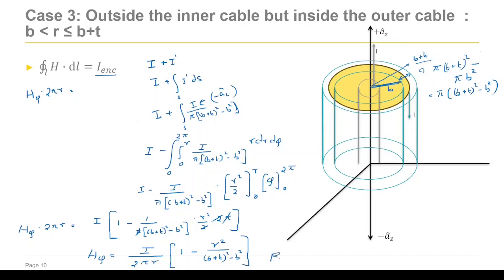Equivalently, B is going to be mu times I divided by 2 pi R times 1 minus R squared divided by (b plus t) the whole squared minus b squared.